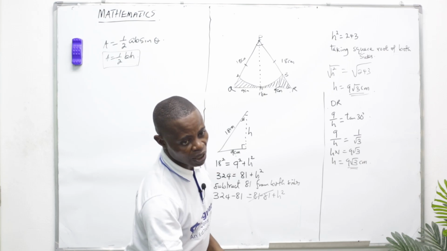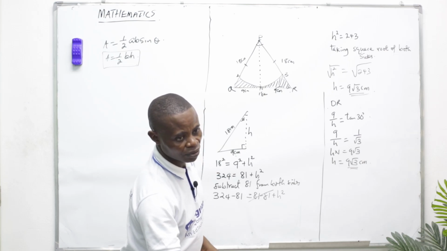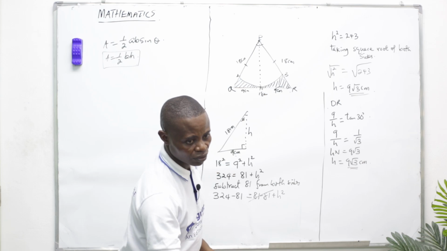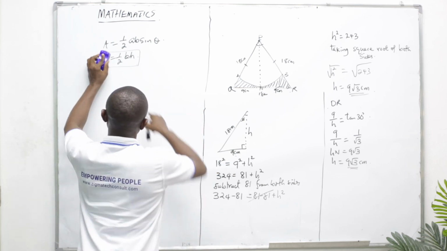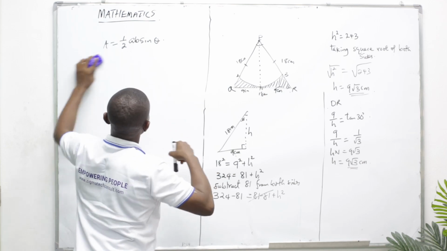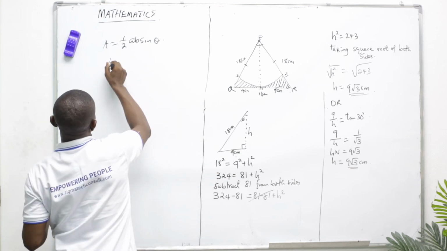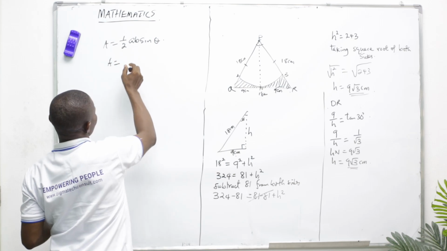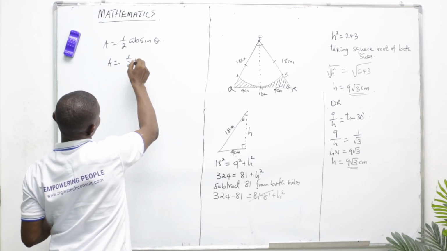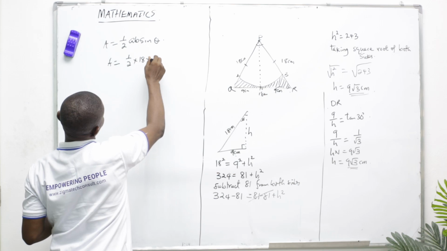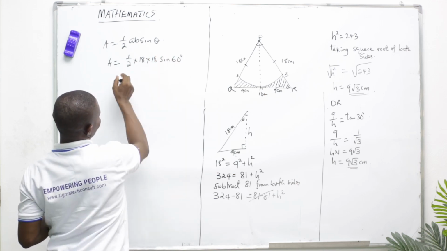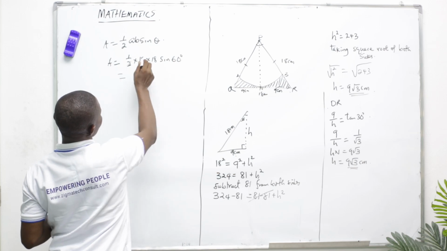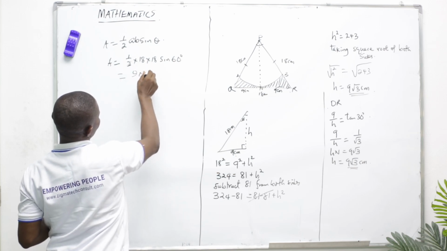For the area of a triangle, remember I said this formula is not necessary, so we are making use of this. Area equals 1 over 2 times 18 times 18 sin 60 degrees. So this will give us 2 here, this is 9 times 18.